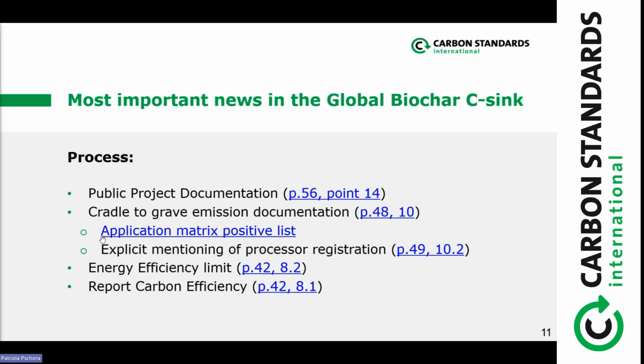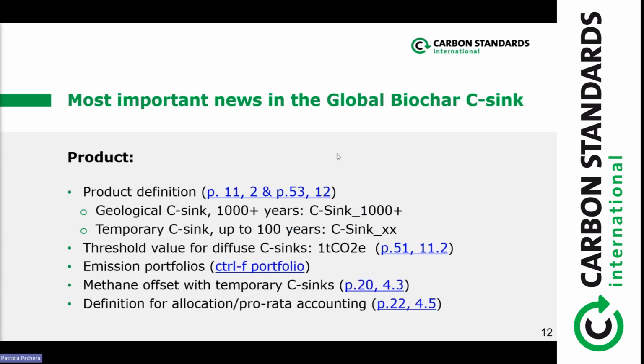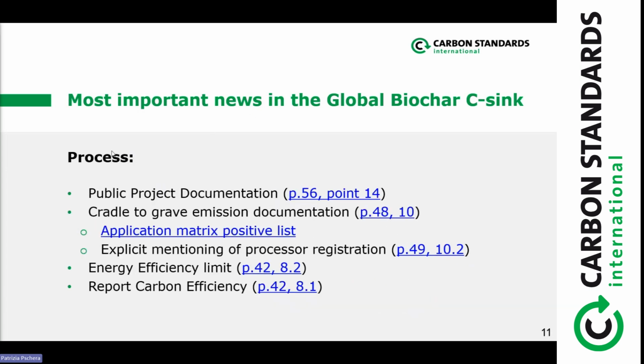We published an application metrics positive list. We explicitly mentioned that processes need to be registered. We have an energy efficiency limit introduced, and we have the requirement to report the carbon efficiency. And that's the important changes regarding the process.